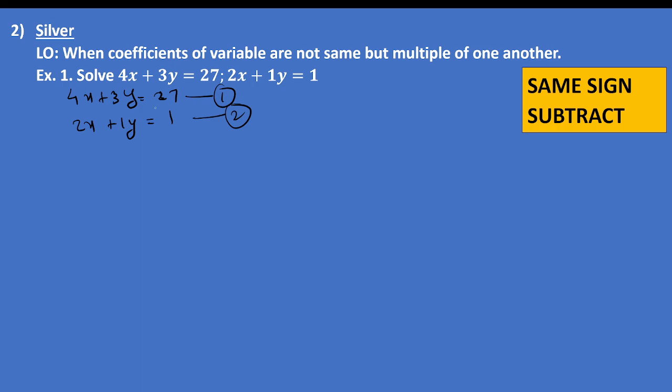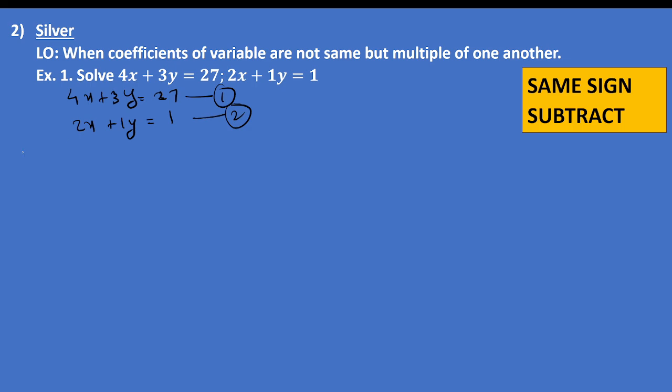So this is one way. And what is another way? If you look at this 4x and 2x, these are also multiples. This 4x is a multiple of this 2x. So right now I am going to use this x term, because earlier we were using y terms so casually, and right now I feel like using the x term.